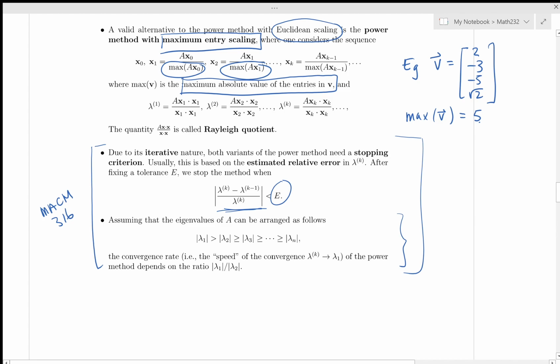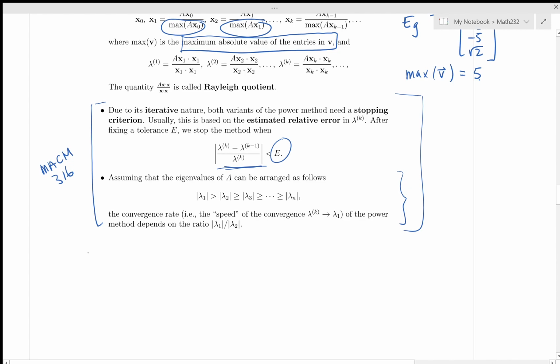Okay, so we get a sequence of vectors. Again, we could write them in the alternative way here, and that would look like this: AX naught over max AX naught. This max calculation is faster than calculating the norm.